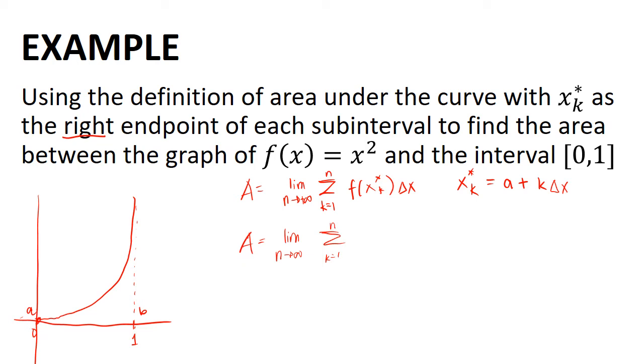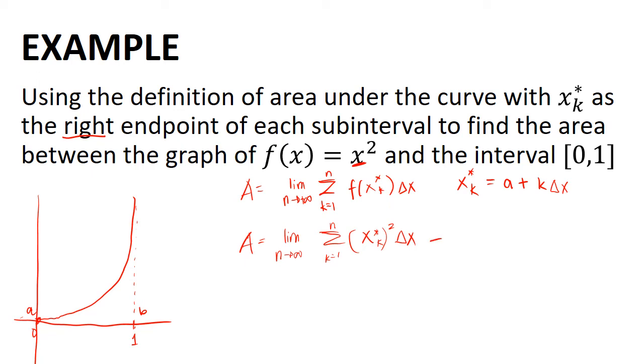X star k squared delta x. Okay, bakit nyo pinalitan ng x star k squared? Sir, kasi yun yung given function. Di ba? Kahit anong point dyan between a and b, ang value ng f of x natin is x squared. So, pinalitan ko lang yun ng x squared.